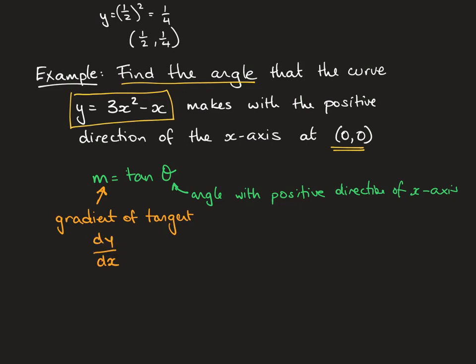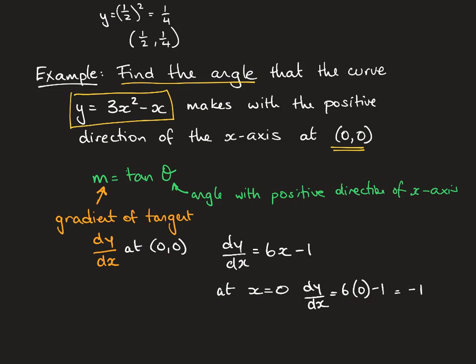And the point we're working with is (0, 0). So let's find dy/dx at x equals 0. We find dy/dx by differentiating our equation for y, and we'll get 6x minus 1. At x equals 0, we substitute in a 0 for our x in dy/dx, and we get dy/dx is equal to minus 1.